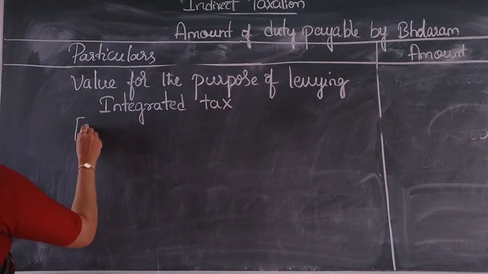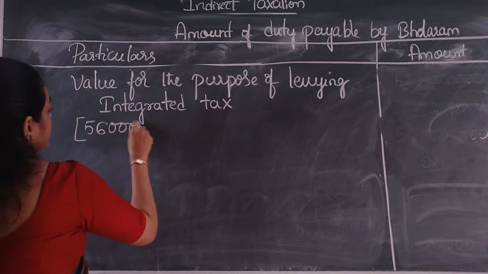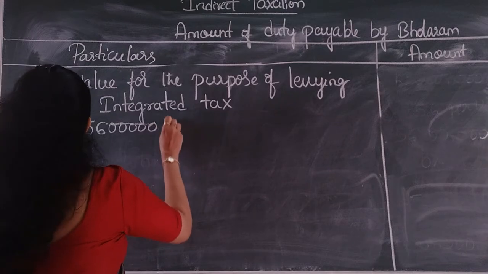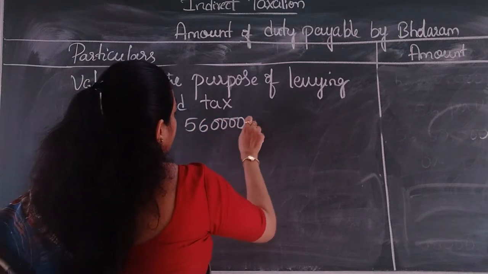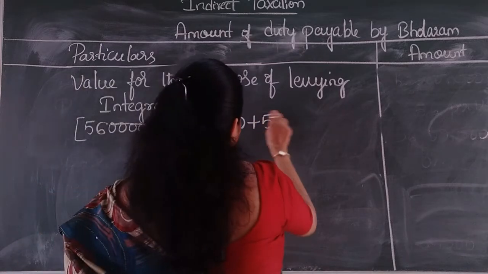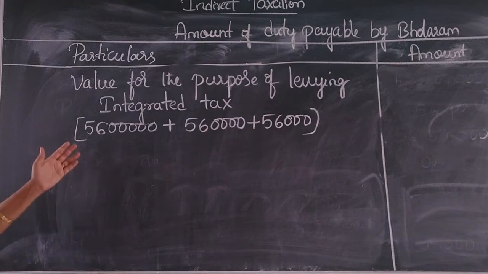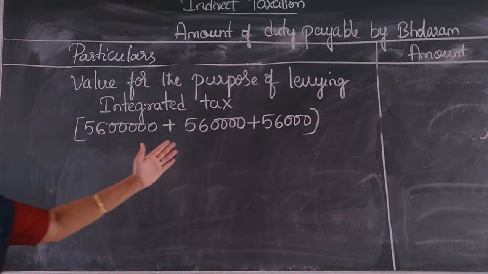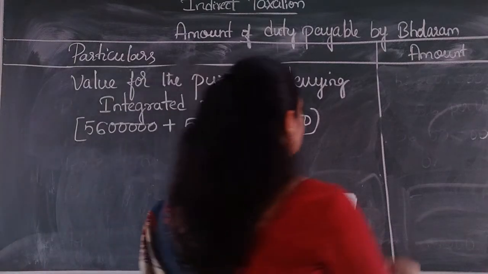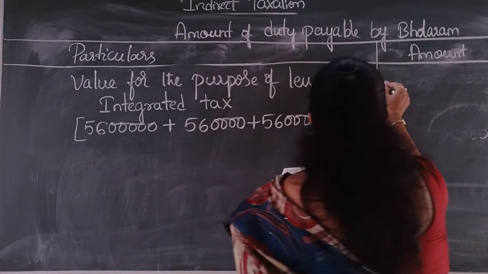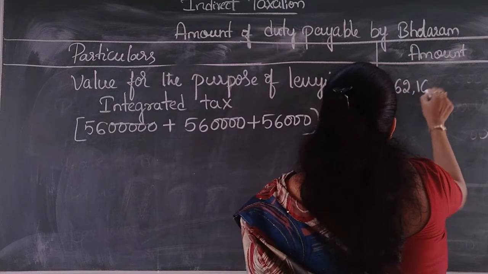So 56 lakhs plus 5,60,000 plus 56,000, which we have found out. All these we need to add. 56 lakh plus 5,60,000 plus 56,000 gives the answer as rupees 62,16,000.